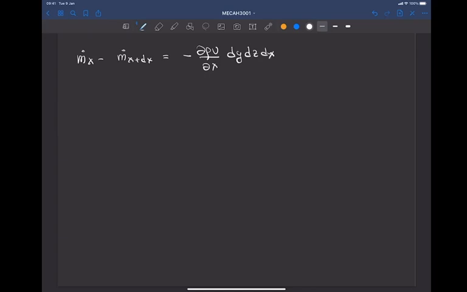Okay, so this is the expression that we will use for the contribution of the fluxes in the x direction.